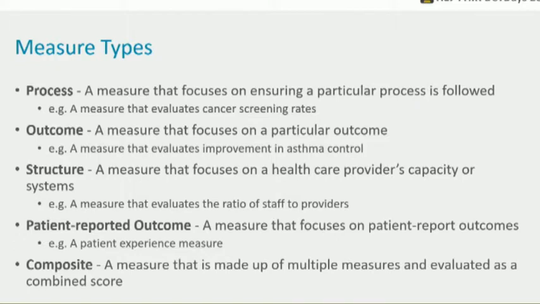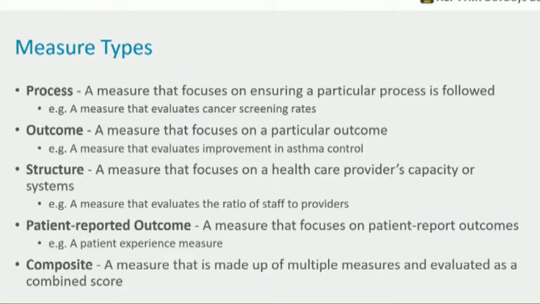An example is a measure that evaluates cancer screening rates. That's a process measure saying we've already decided that cancer screening is a good thing, and so we want to make sure it happens. On an outcome measure, we're actually measuring the outcome of some actual treatment. So a measure that evaluates improvement in asthma control, for example, would be an outcome measure.